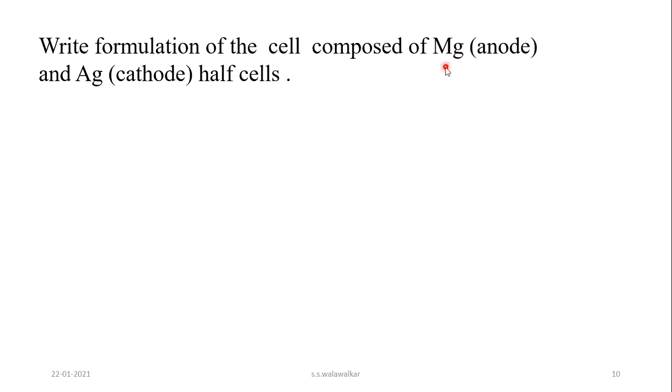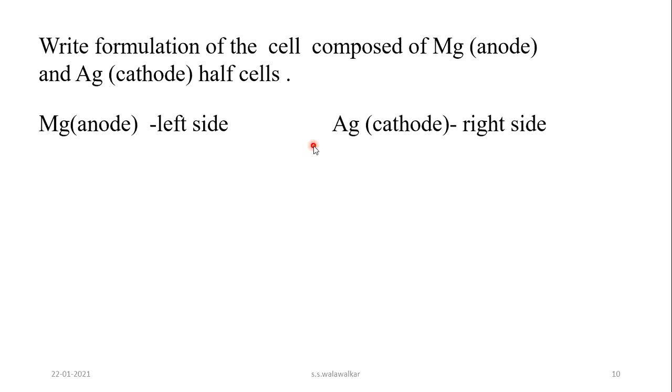Now you know that magnesium acts as an anode. That means you have to write the magnesium rod, which is in contact with magnesium ion solution, on the extreme left hand side. So using this convention you have to write the magnesium anode on the left hand side, and silver acts as a cathode. So you have to write this silver rod, which is dipped in silver ion solution, on the right hand side.